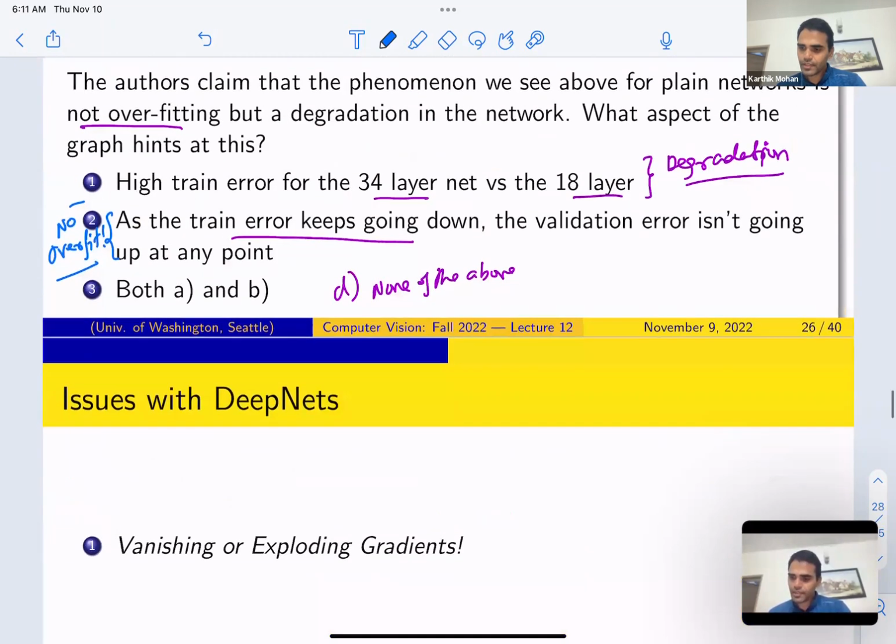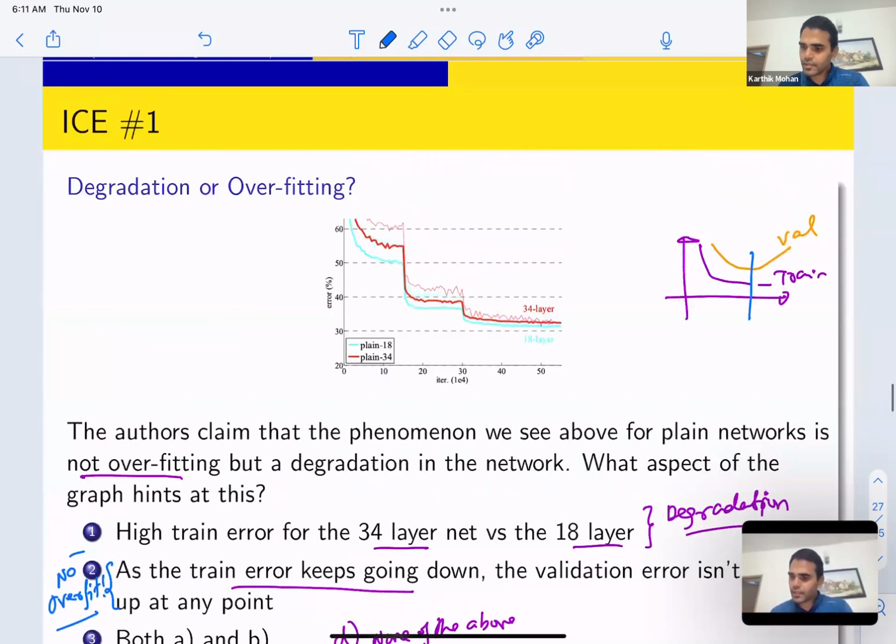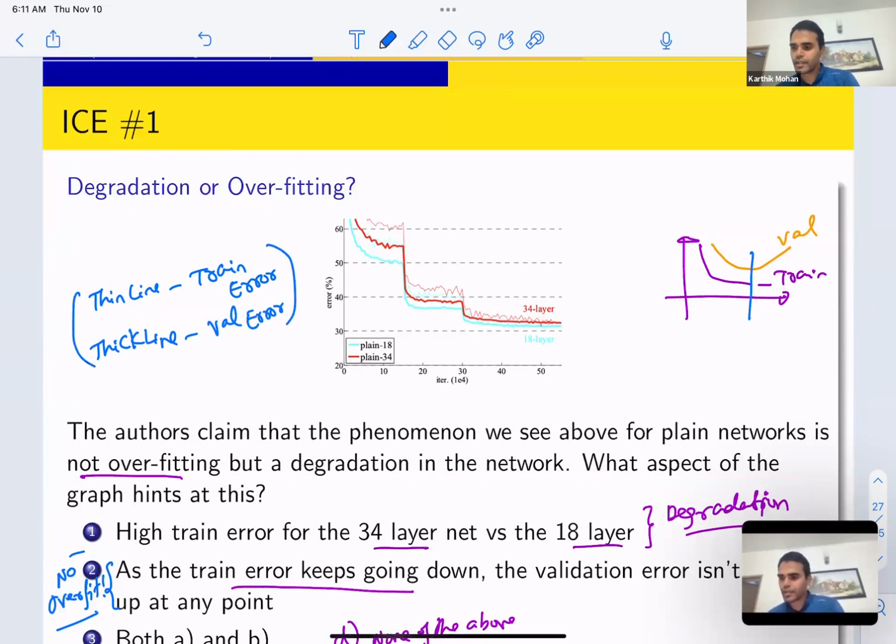Overfitting or degradation is not the only issue with deep neural networks. In this case, the thin line is train error and the thick line is validation. For overfitting, we see a gap between a thick and a thin line of the same color.